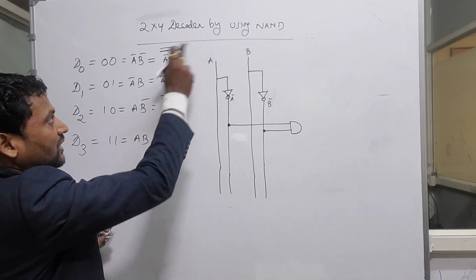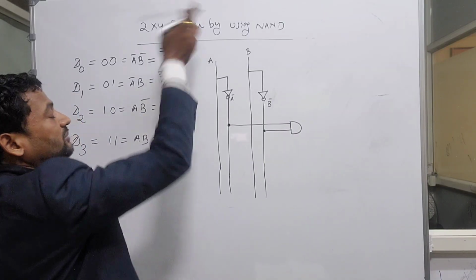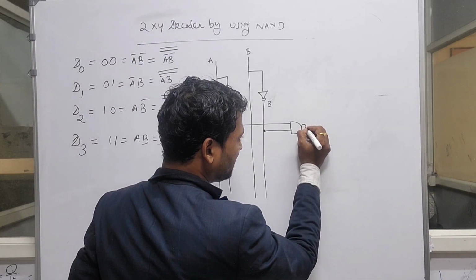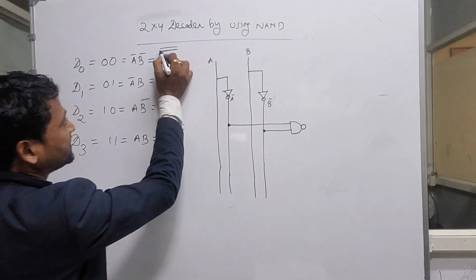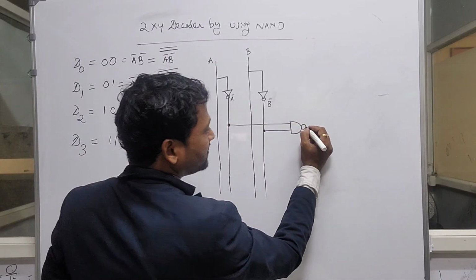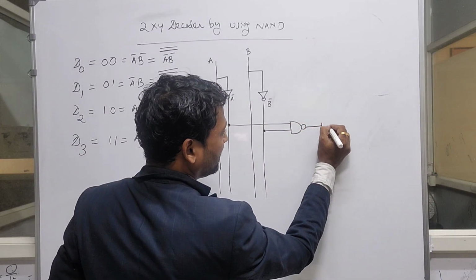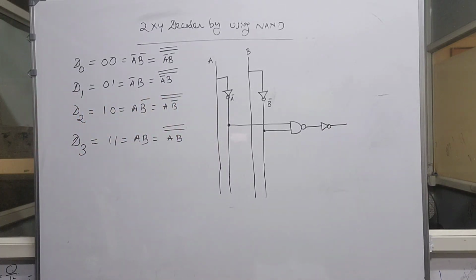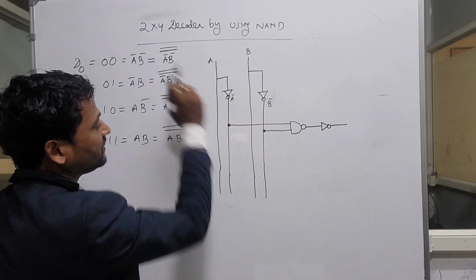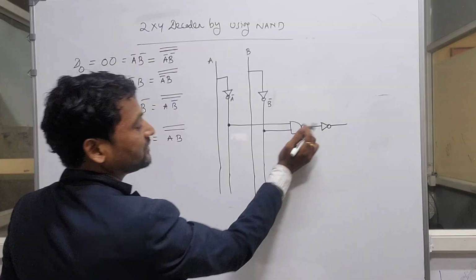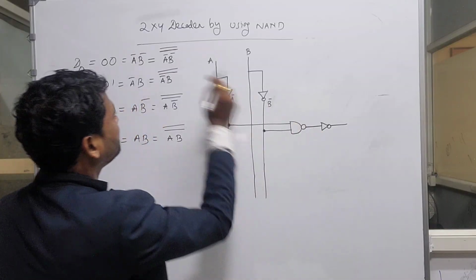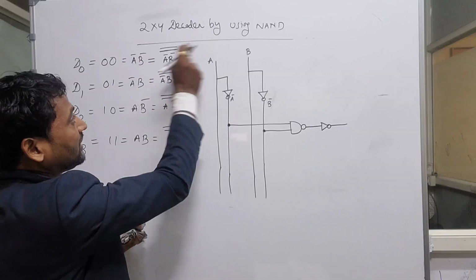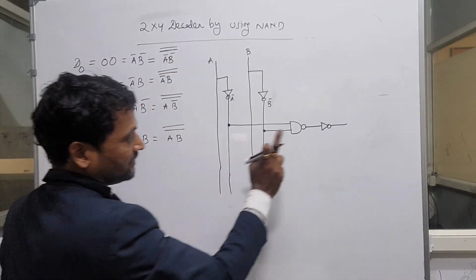Then over that you have a bar, and another bar also. So I can take one NOT gate here for this bar. Understood? Again I can take one NOT gate. Again I repeat, if I take an AND gate, your output is A bar B bar. If I take a NAND gate, the output will be A bar B bar over bar, meaning the bar of A bar B bar.